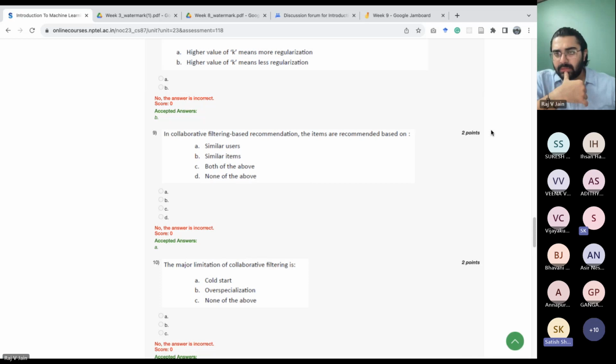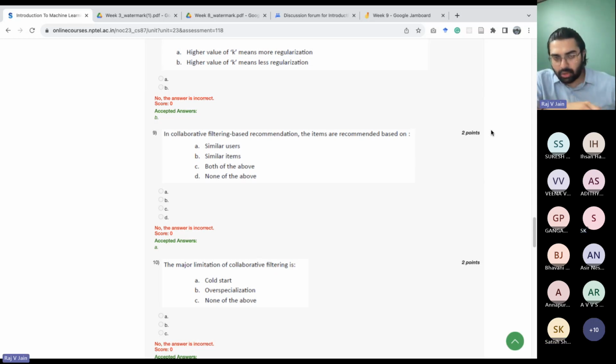Then in this question, in collaborative filtering, the items are recommended based on what? Similar user, similar item, both of the above, or none of these? See again, when the option says similar item here, it means content-based similarity of two items.